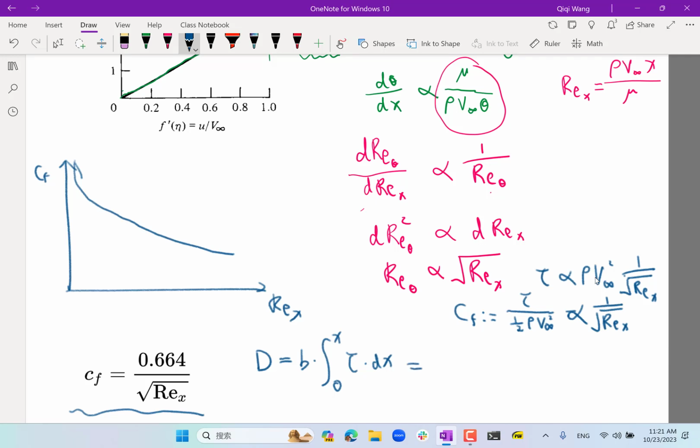If we plug this in, we have b times rho v infinity squared, and then going from 0 to x of 1 over the square root of Re_x, which can be written as square root of mu, square root of rho v infinity, and 1 over square root of x, dx.